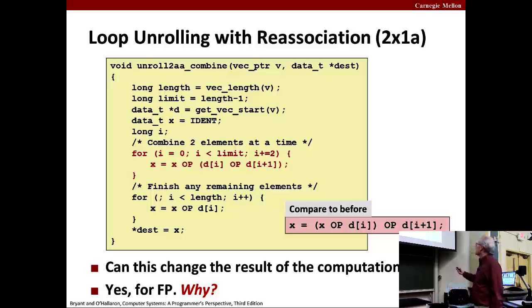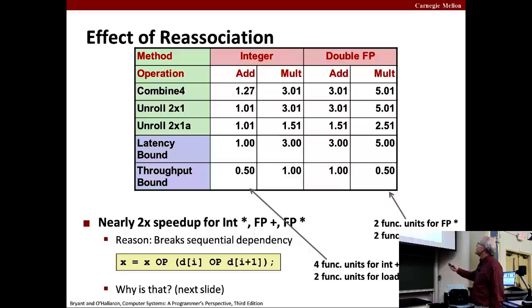What if I take these parentheses and shift them to the right? Would that make any difference? And lo and behold, yes, you find that. I'll call that transformation unrolling by 2, computing one element at a time, and I'll talk about that in a minute.